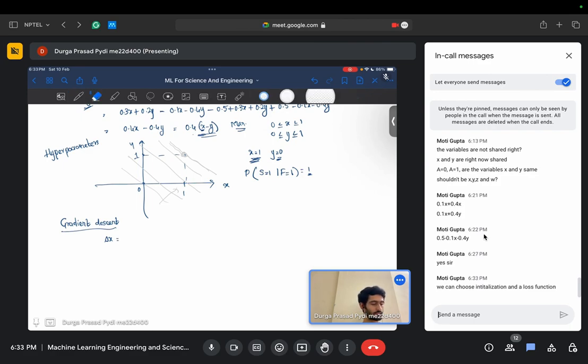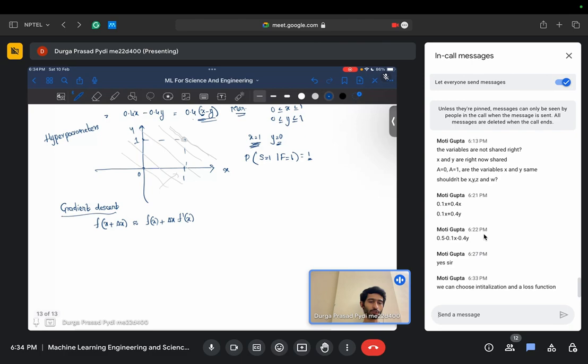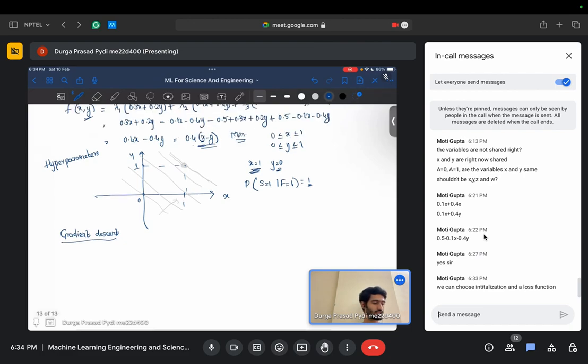Or maybe I'll write it in the standard way. So you have some function f of x plus delta x, and then what were you trying to do? We can choose an initialization and a loss function. Okay, straightforward. My loss function is this.